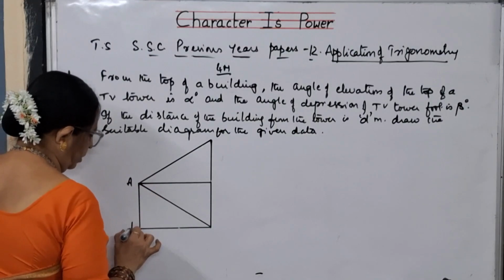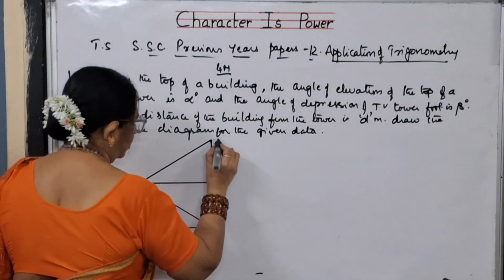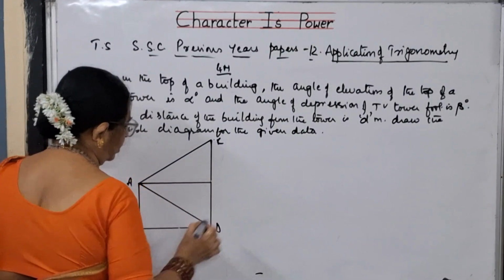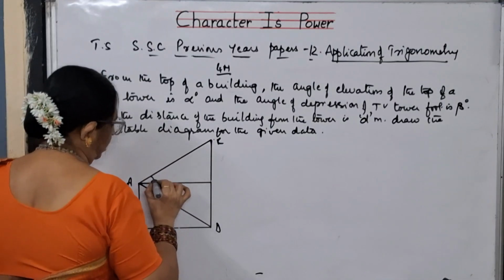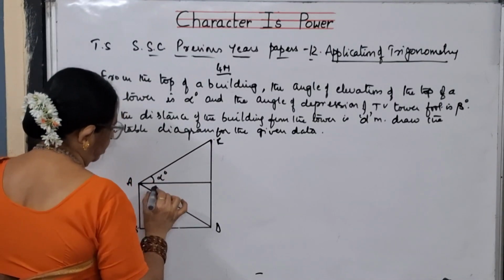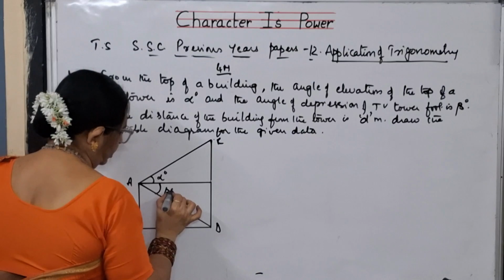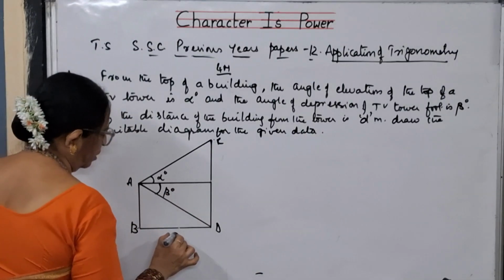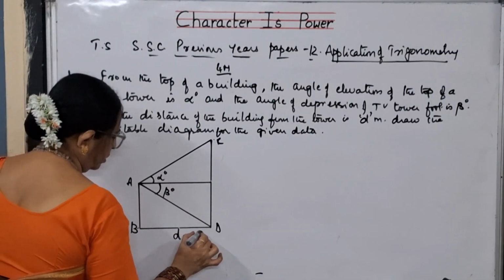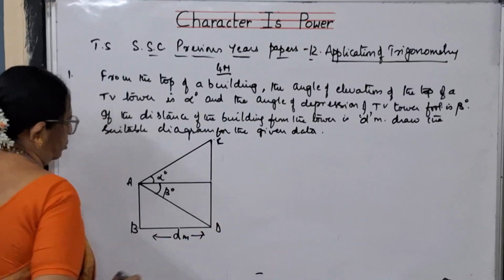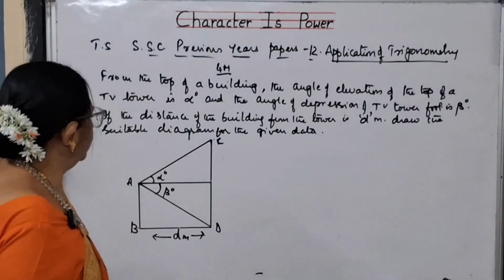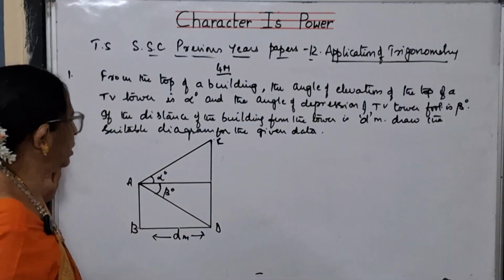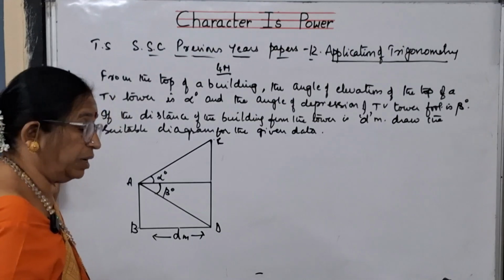So AB is the building, CD is the TV tower, and angle of elevation is alpha degrees, angle of depression is beta degrees, and the distance between them is d meters. This is the drawing that we will be getting with the help of the given data, children.